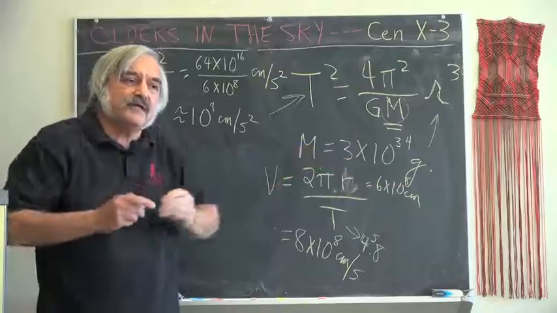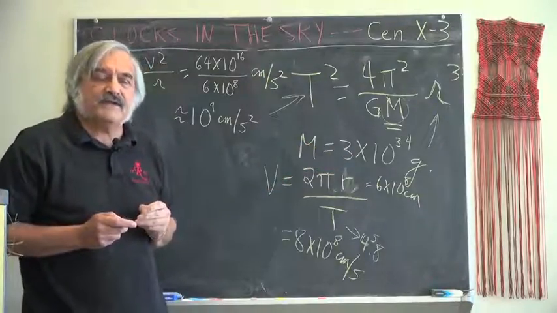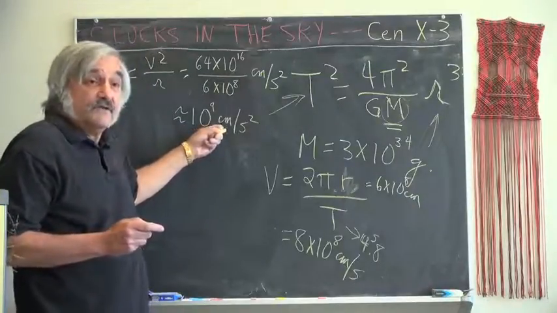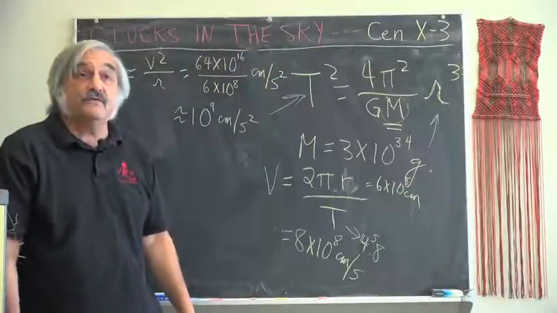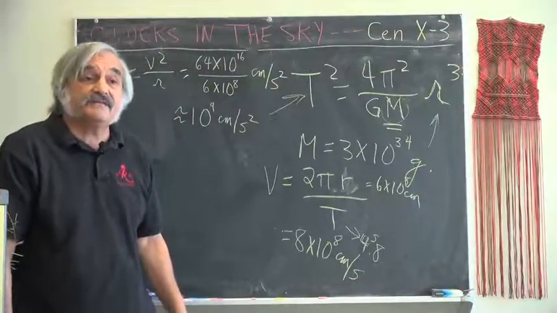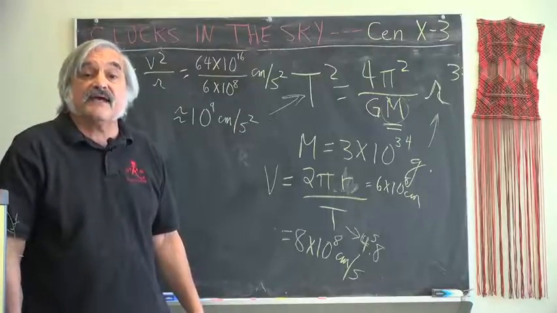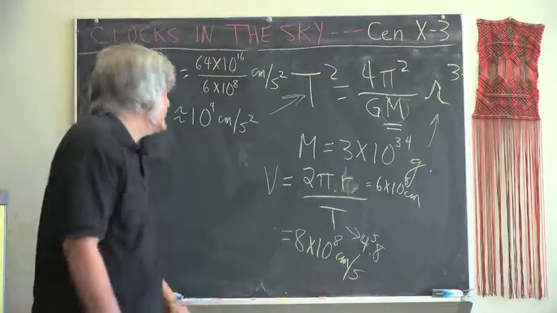Can it pull us in from the surface of a white dwarf with enough acceleration so that we won't fly off due to the acceleration that is trying to get us to go away from the center of the star? Let's see what a 1 solar mass white dwarf has for its gravitational acceleration.